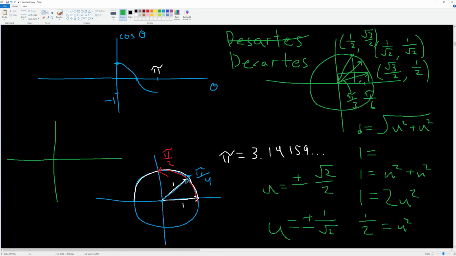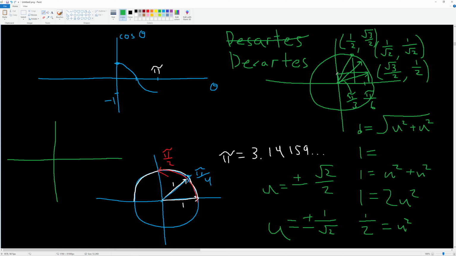And a lot of the math problems that your teachers will give you have to do with these angles of 45 degrees, 30 degrees, and 60 degrees. In other words, pi over 4, pi over 3, pi over 6.